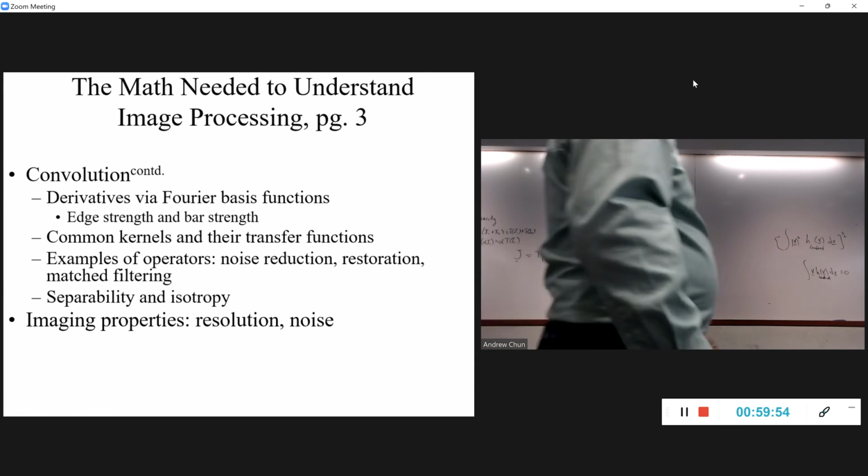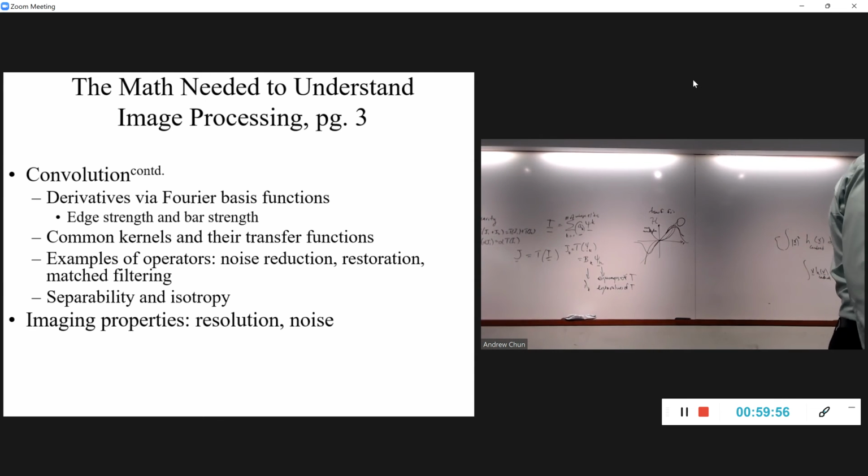And the answer was that if we want not to have bias in that direction, we want our operators in the frequency domain or in the space domain to be isotropic.